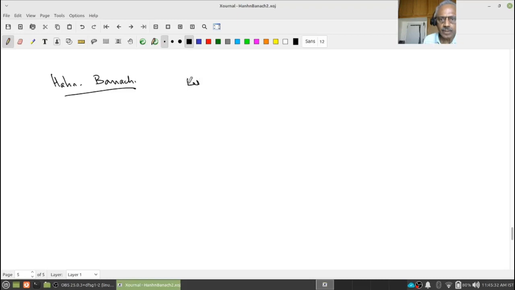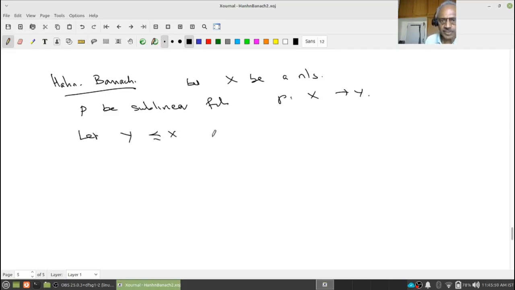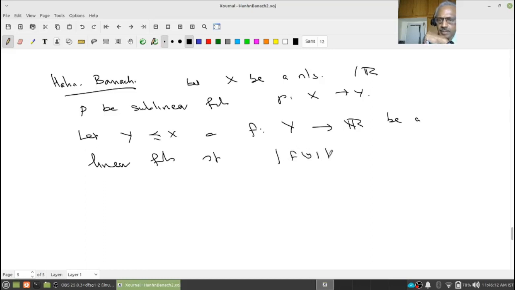Let X be a normed linear space, P a sublinear function from X to R, let Y be a vector subspace of X, and F from Y to R be a linear functional such that modulus of f of y is less than or equal to p of y for all y in capital Y.